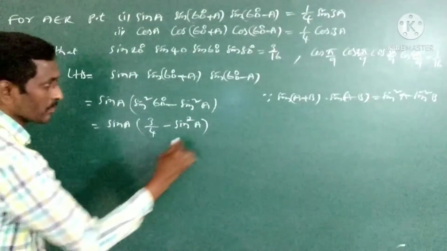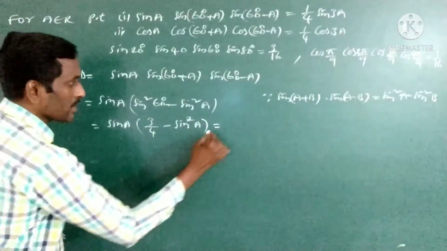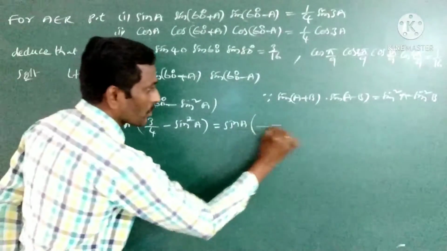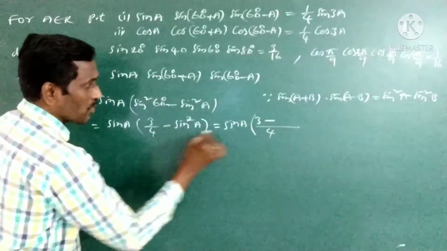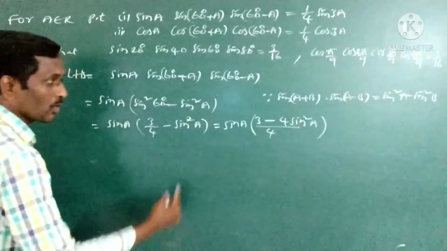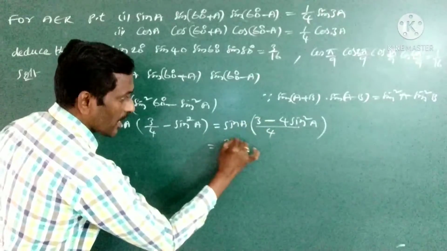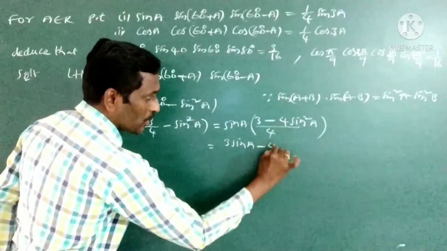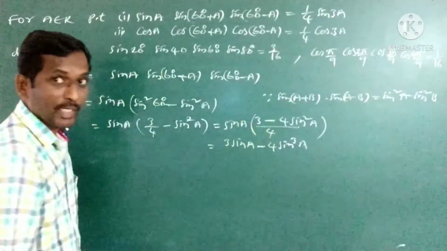Multiply this inside, which is equal to sin A into, let us take the LCM in the bracket, 1 by 4 of 3 minus 4 sin square A. Now multiply sin A inside, which is equal to 3 sin A minus 4 sin cube A, because one more sin is multiplied.